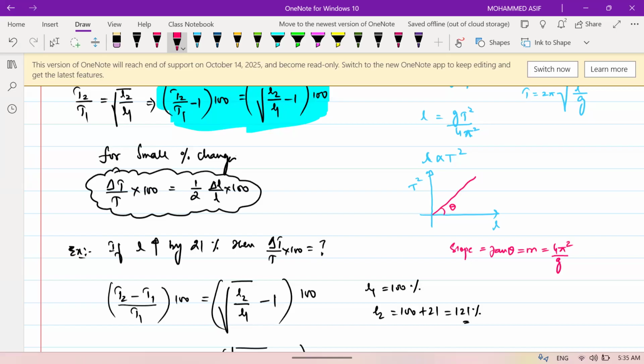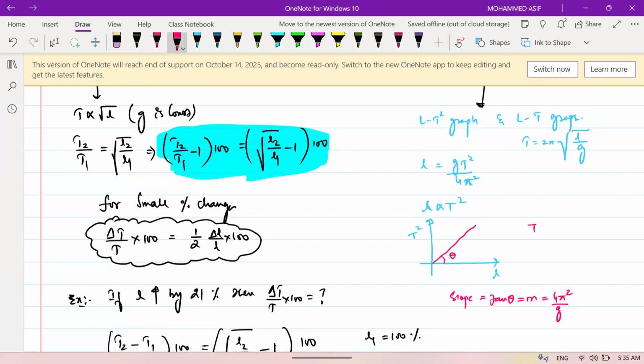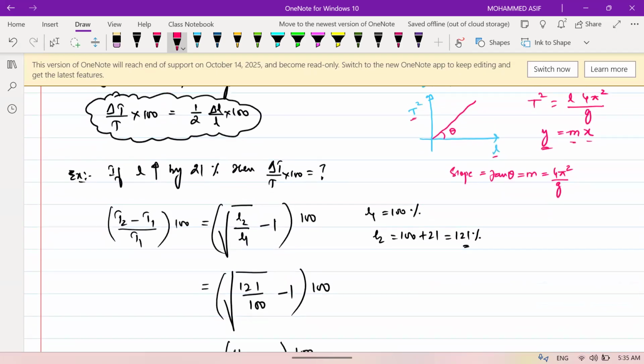Am I clear? Yes, sir. Because on the y-axis I took T square. If I write the equation like this, T square equals L into 4 pi square divided by g, comparing it with y equals m x: on the y-axis I took T square, on the x-axis I'm taking the length, and m is the slope, that is 4 pi square divided by g. The same way, time period versus length, L versus T.